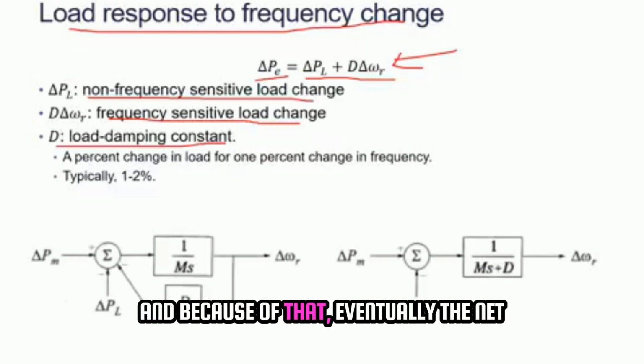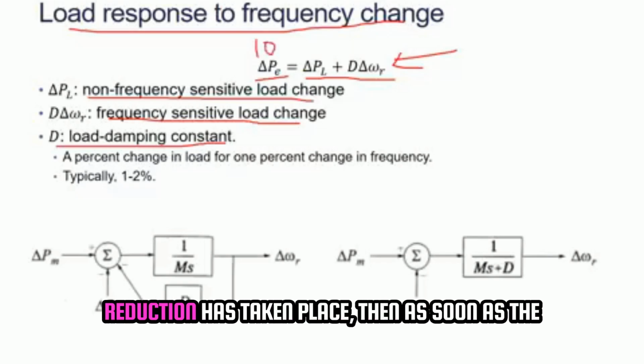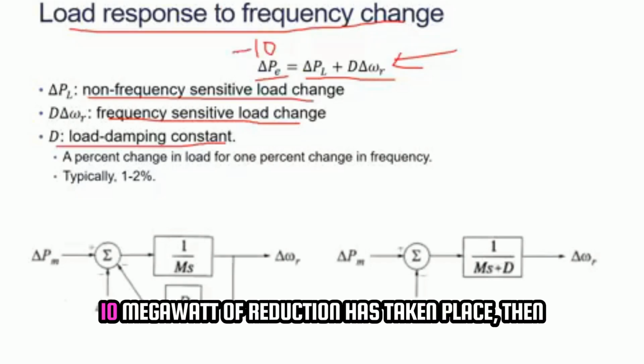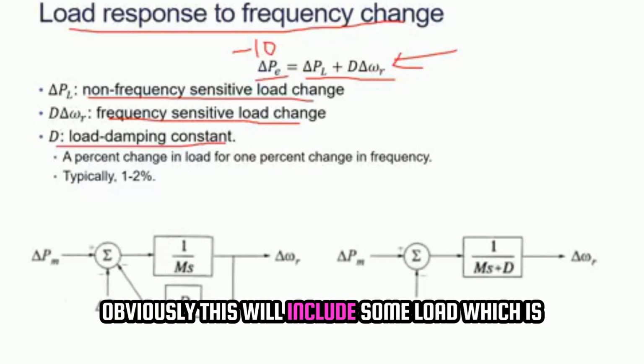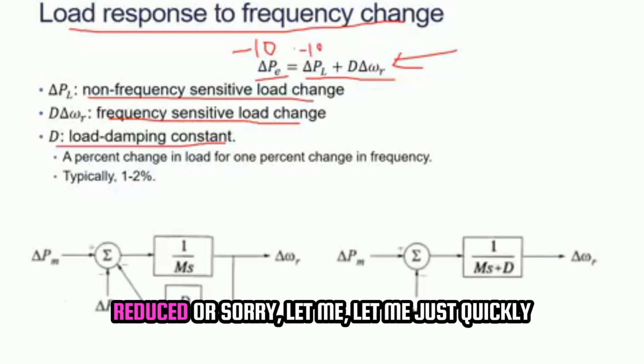And because of that, eventually the net load reduction is just 5 megawatt. So basically, if 10 megawatt of reduction has taken place, then obviously this will include some load which is actually minus 10 megawatt, which is actually reduced, or sorry, let me just quickly tell it this way.